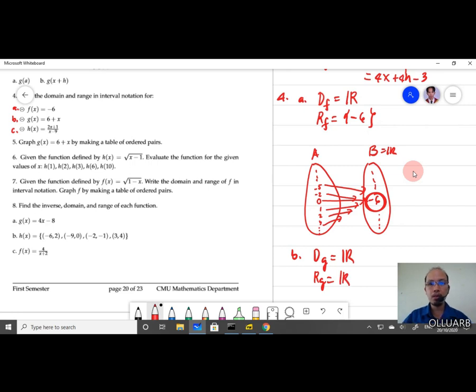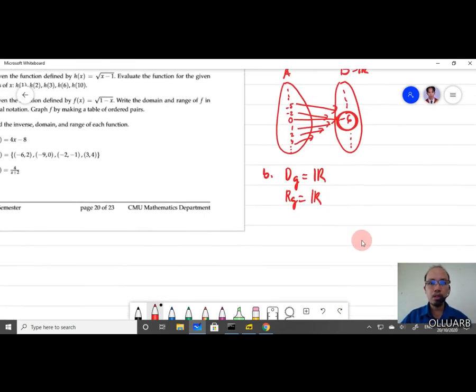But if you try to solve it using the method that I explained in the video before, to find the range is to solve for x in terms of y and then determine the biggest values of x for which y is well defined. So this is y is equal to 6 plus x. Am I right?